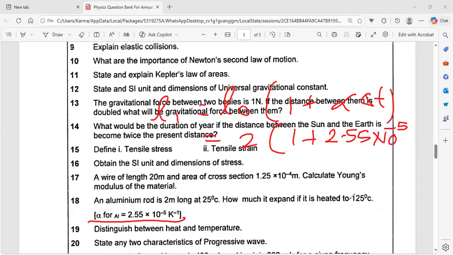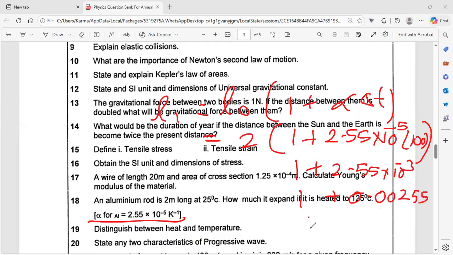Delta T is going to be 25 degrees centigrade to 125, so its temperature change is 100. So it's going to be 1 plus 2.55 into 10 raised to minus 3, which is 0.00255. 1 plus, so it's 1.00255 into 2, that is going to be L1. Do the necessary calculations and solve the problem.